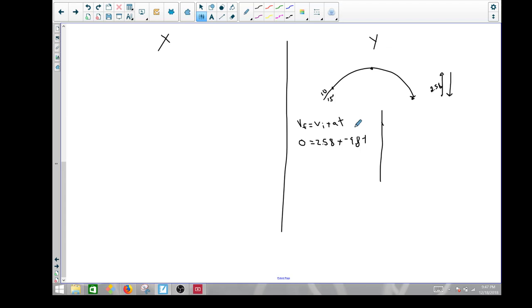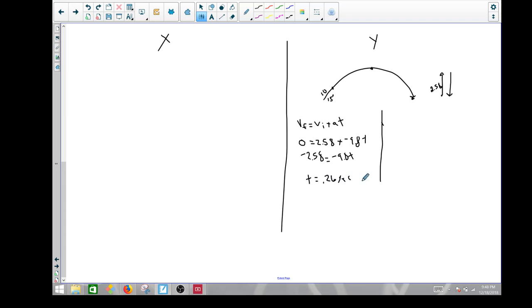So it's going to be 2.58 divided by 9.8, and I get 0.26 seconds. So t equals 0.26 seconds.